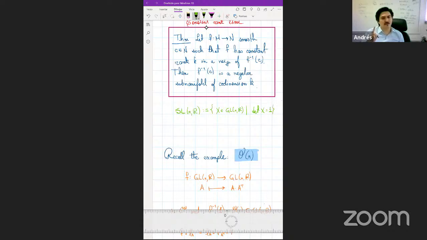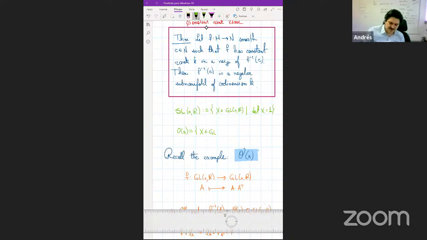So for all of the linear groups, whenever you see an S, it means determinant 1. So this is the set.